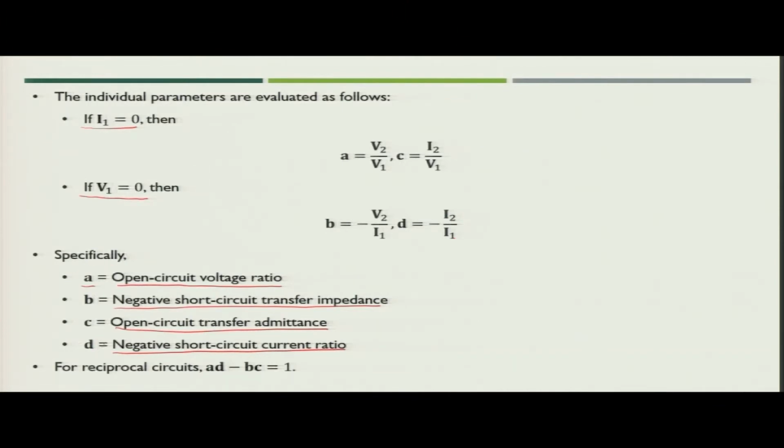These small abcd parameters can also be utilized in the case of transmission lines, particularly in power systems, because here also we get the impact of output variables, that is V2 and I2, on the input variables, that is V1 and I1. So, here we will say that the circuit is reciprocal again if AD minus BC equals 1.